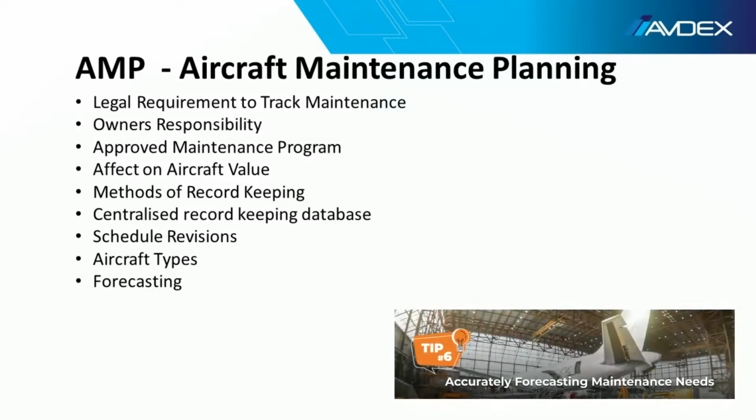Forecasting. Forecasting is the hidden benefit in AMP. Maintainers cannot wait until the aircraft arrives in the hangar to make critical decisions regarding the aircraft status and parts requirements. AMP records all aircraft utilization and as a result is able to accurately calculate current average utilization.